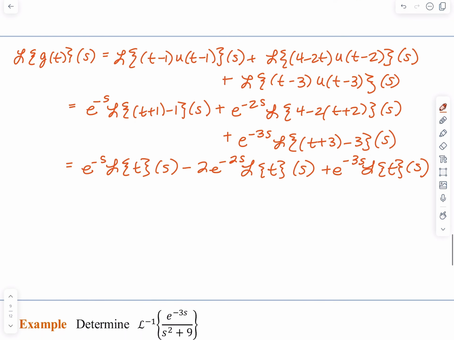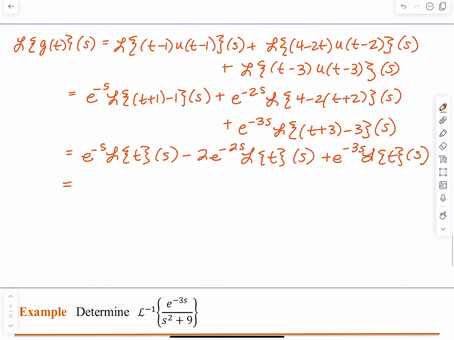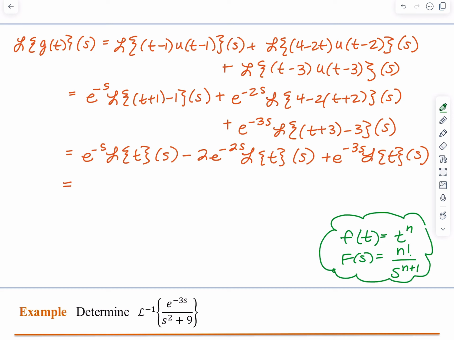We can now put all of that together, and we'll remind ourselves that when f of t is equal to t to the nth power, that Laplace transform is n factorial over s to the n plus 1. Of course, our n is just 1, so we have f of t equal to t. So our Laplace transform is just 1 divided by s squared.